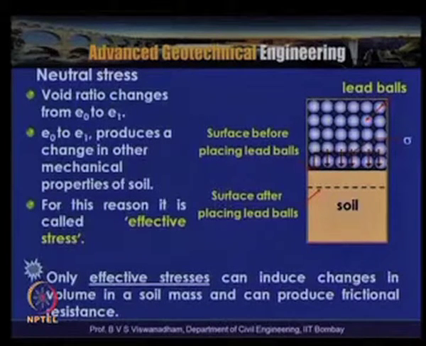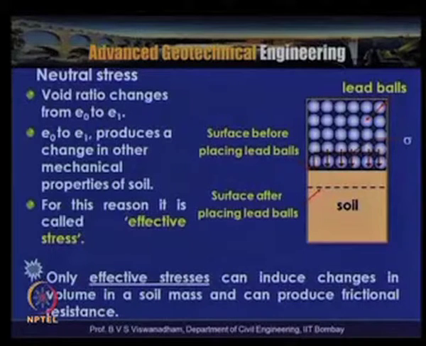The void ratio reduces from e0 to e1. e0 is the initial void ratio, and e1 is the new void ratio, which is because of the loading. So e0 to e1 produces a change in other mechanical properties of the soil. For this reason it is called effective stress. So here only effective stress can induce changes in the volume of the soil and can produce frictional resistance.